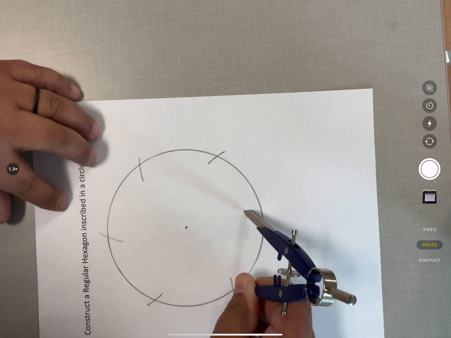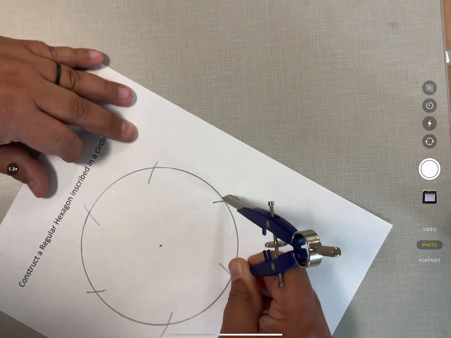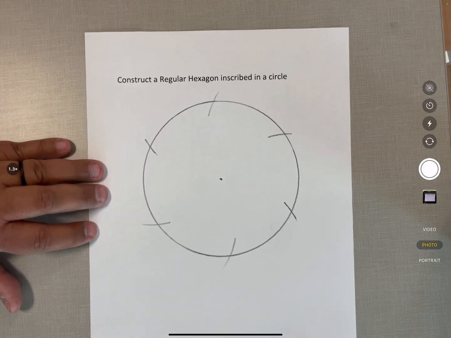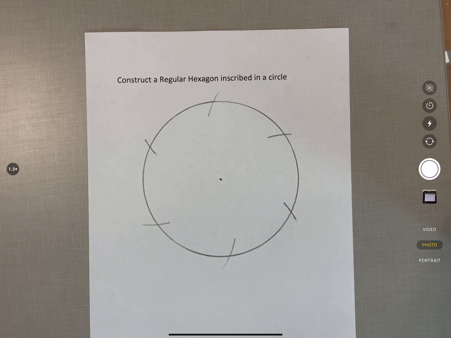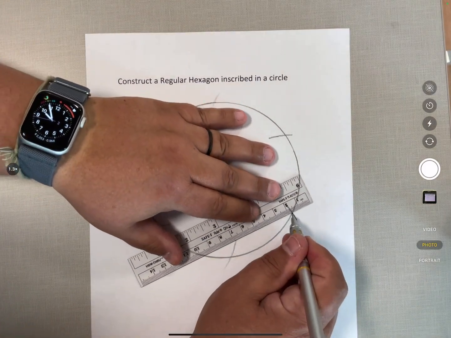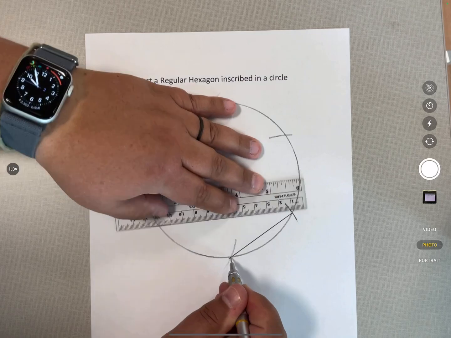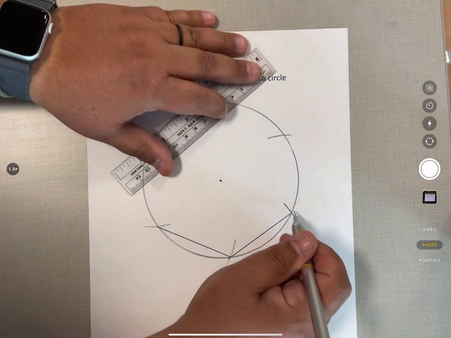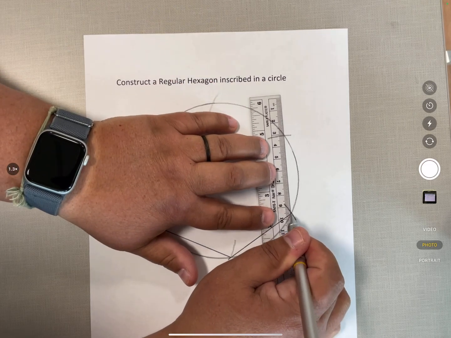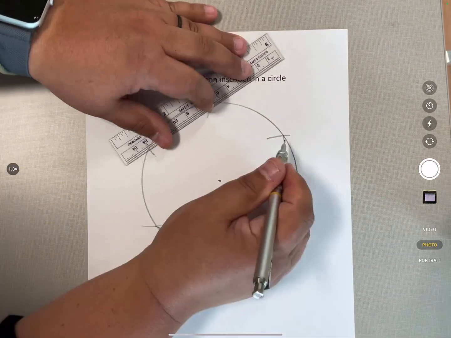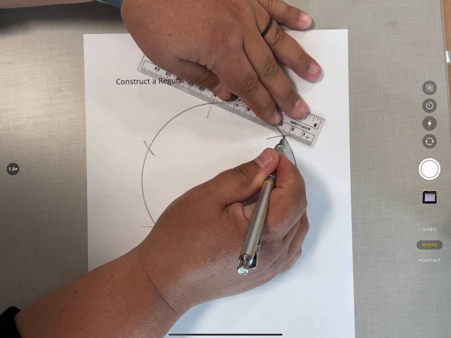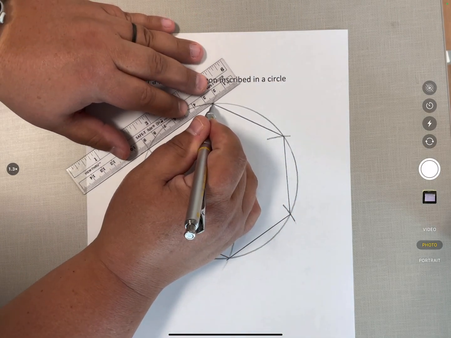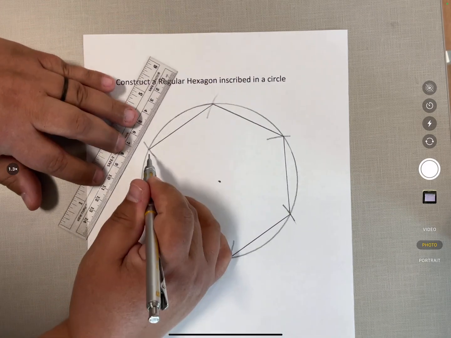And when you do that, what you see is that you get 6 points, 6 equidistant points all the way around the circle. And if I connect these, I get a regular hexagon. So what's cool about a regular hexagon is that the radius of the circle is the distance between the vertices on the circle.